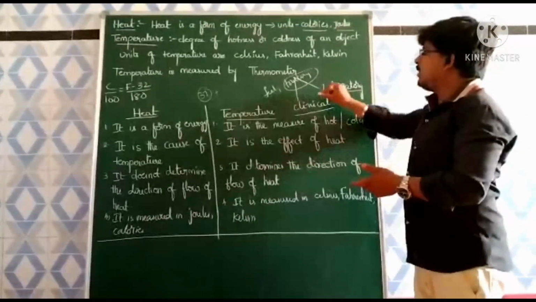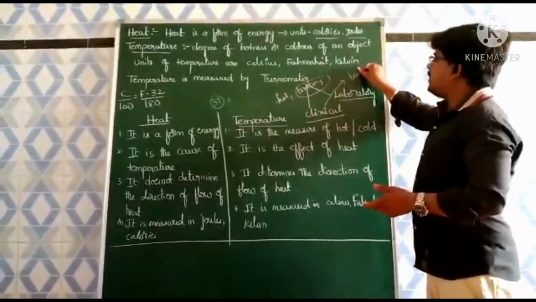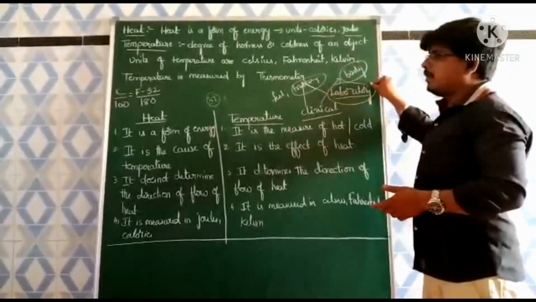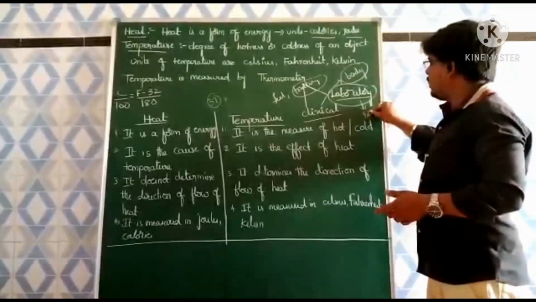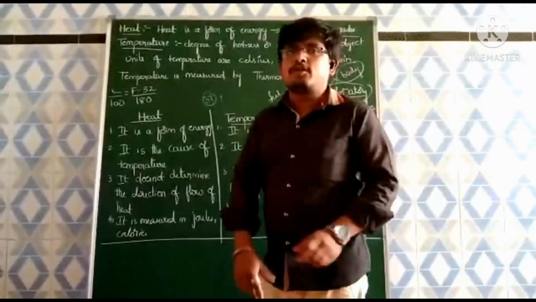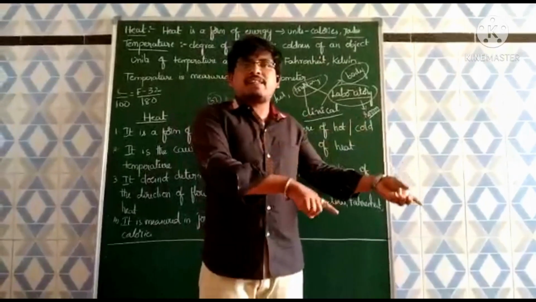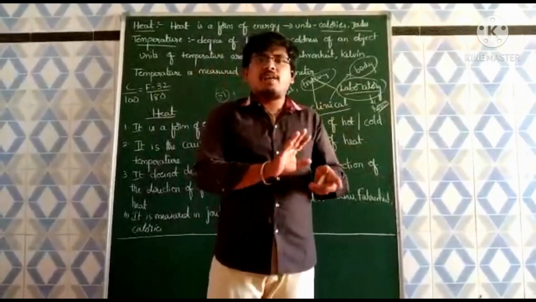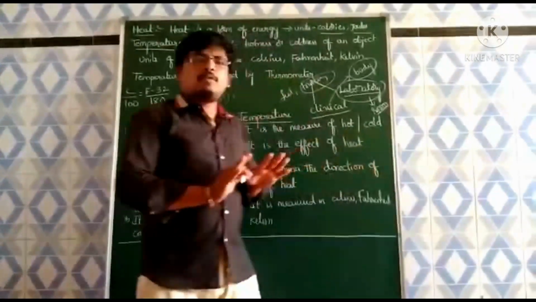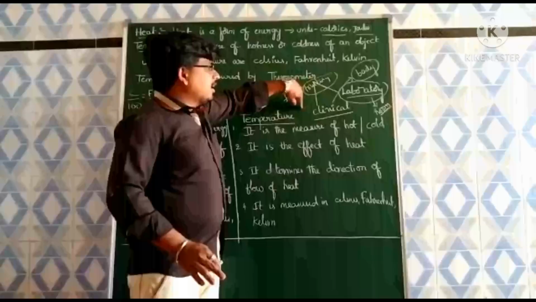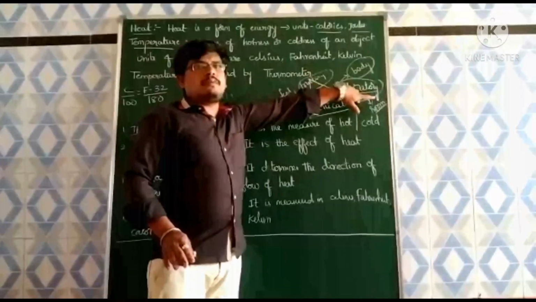The clinical thermometer is used to measure the temperature of the body, whereas the laboratory thermometer is used to measure the temperature of the room. There are some other thermometers which are used to measure the temperature of the weather. The maximum and minimum thermometer, which was invented by Six, is not related to this topic, so I am not talking about that. So the classification of thermometers is of two types: clinical thermometer and laboratory thermometer.